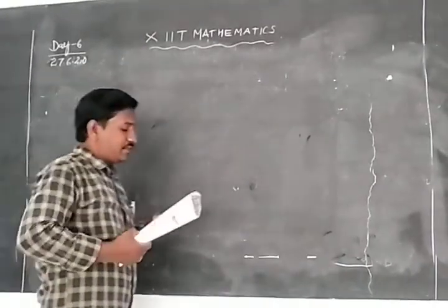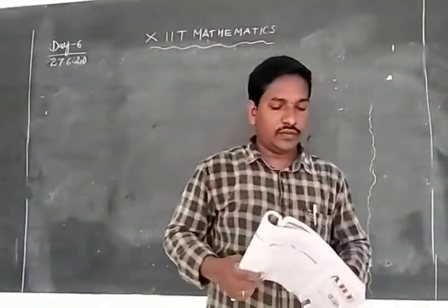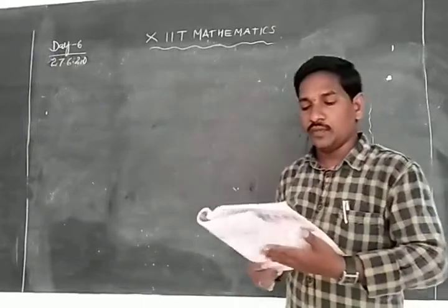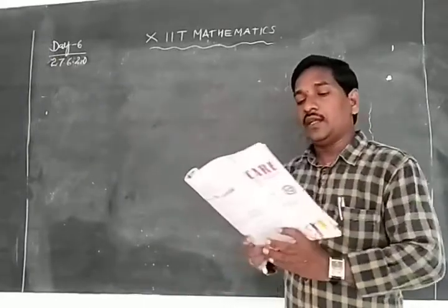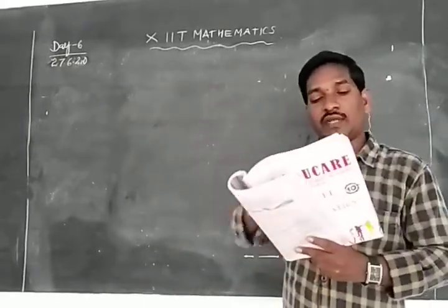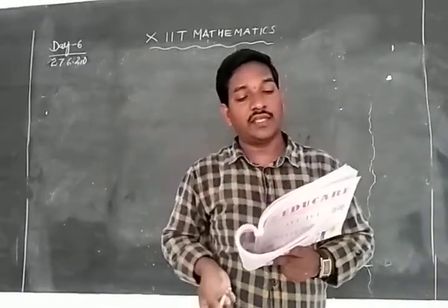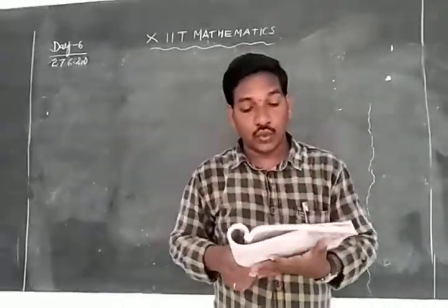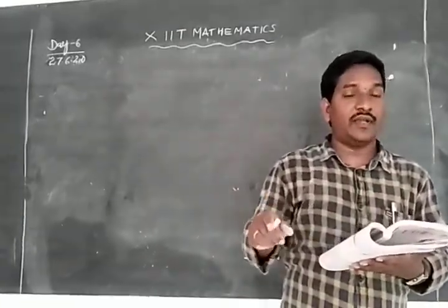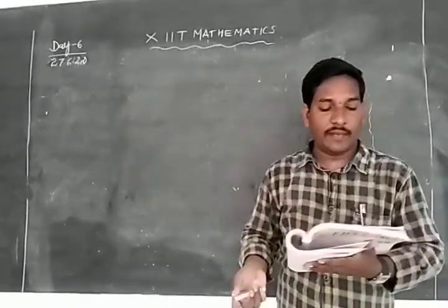Here matrix match type is given. So we can do one or two problems. In 11th problem, on one side in column 1 parabolas are given, and in column 2 vertices of the parabolas are given. So we have to match.